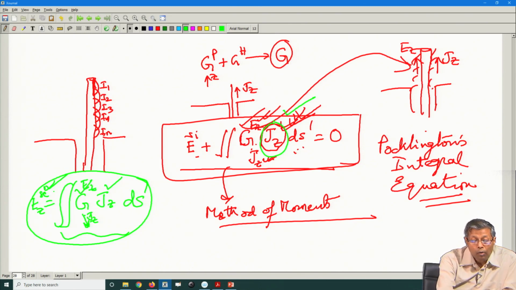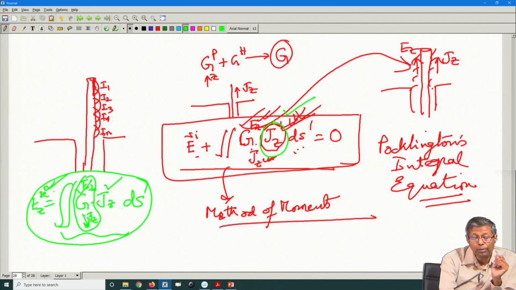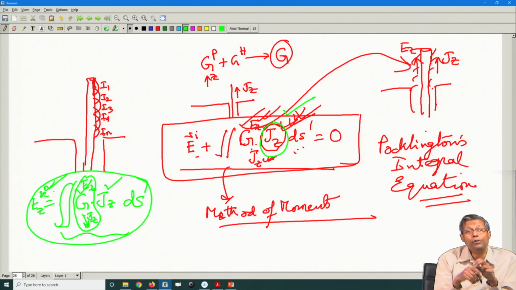So, once this Green's function is convolved with the probe current, and I restrict the summation of the Green's function to one particular mode, I can find the scattered field due to that particular mode.